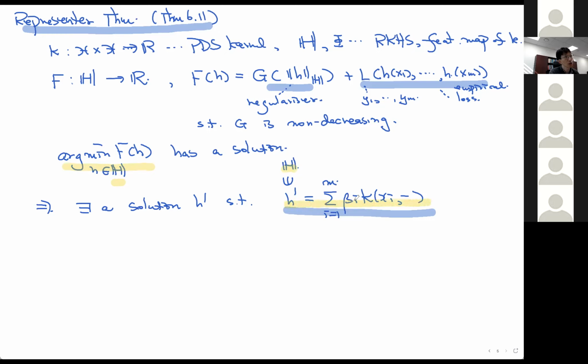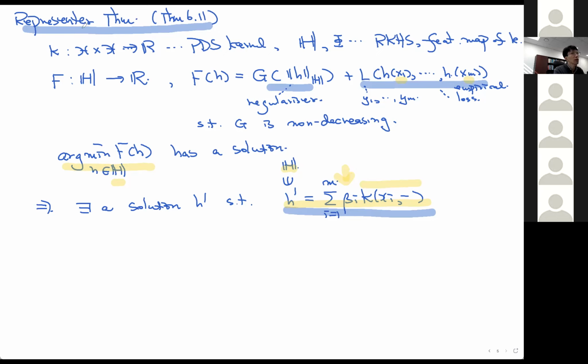It's a linear combination of the functions in RKHS that are obtained by applying K to one of the examples xi. Okay. So we have x1 to xm. Then it becomes a finite dimensional optimization problem. All we need to find is beta. So we can solve this, most of the time.